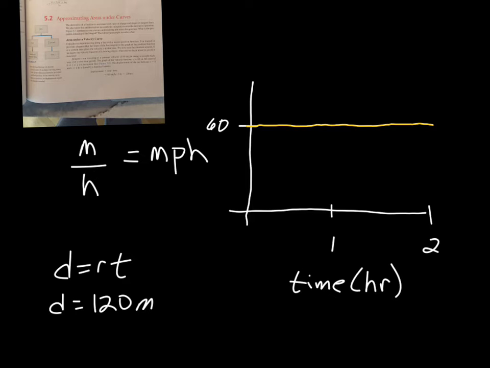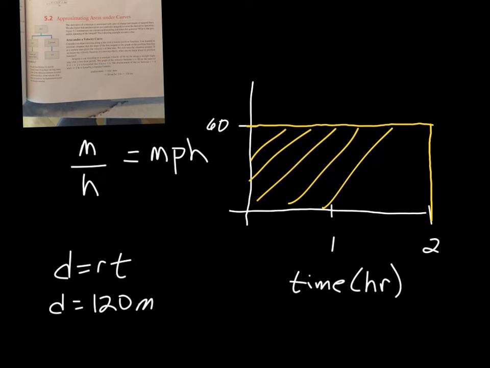So if you think about what it's doing on the graph, the same situation, what we're saying is at 2 here, if I drew a line straight up at 2, we'd make this rectangle. And this area right here of this rectangle we could find by just multiplying the length and the width.